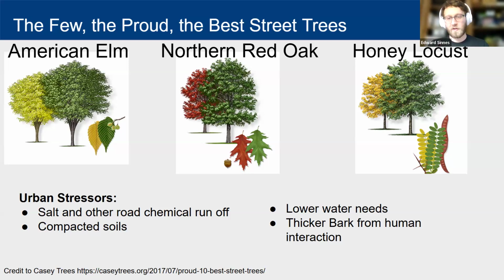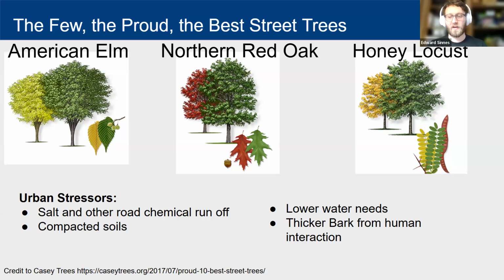So these are three great examples of trees that can survive in your harsher environments. These are trees that you'll see in a lot of cities as street trees because they can handle those really tough environments.